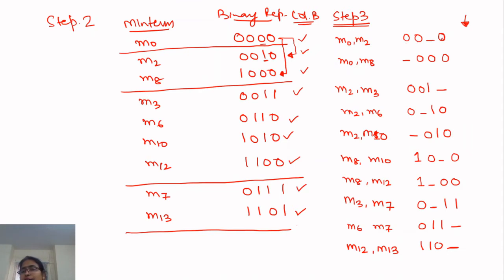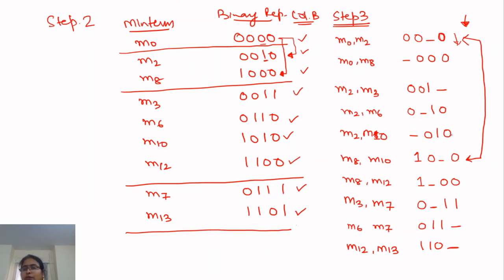0 0 dash 0 means now you have to see the difference of 1 in this group also. See 0 0 dash 0, that is 0, 2 and 8, 10. Now see, 0 0 dash 0 and 8 and 10, when you compare these two, 0 dash 0 are the same and they are differing only in one bit, and that is the first bit.